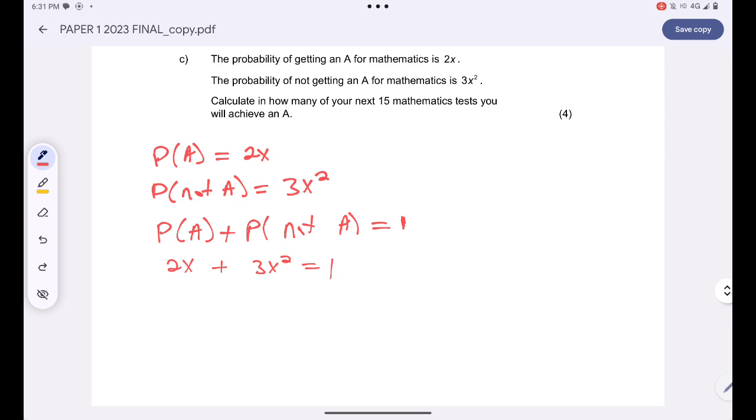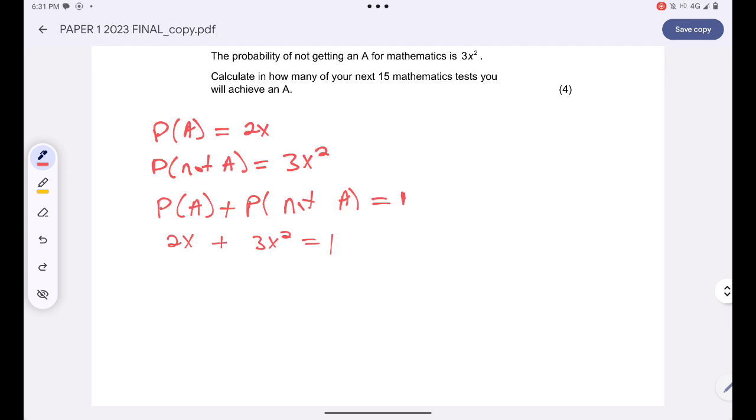All I have to do, guys, is to solve for x to find the answer. Né? I must make sure this equation is in standard form. I'll simply have 3x squared plus 2x minus 1 is equal to 0. And then I'll have 3x, x, 1, and 1, with plus and minus.